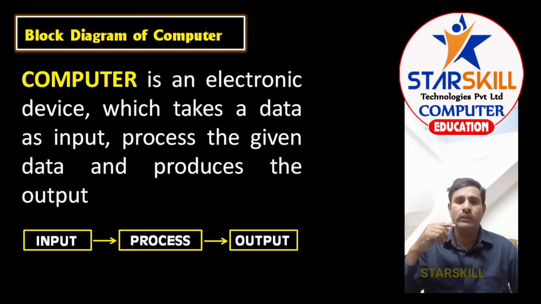These three things we have. I will give you one example, let's take any example in real time. We have a concept that is input, process, output. It's a routine concept I would like to tell you. For example, I want to prepare tea or coffee.